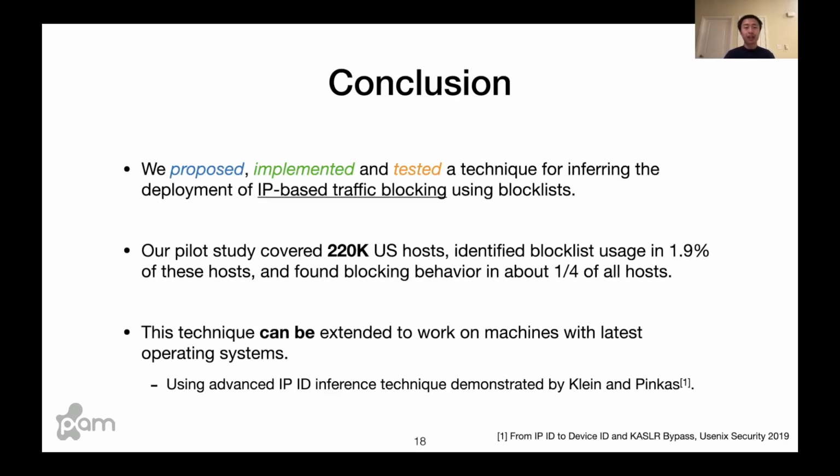Although this technique only works on certain hosts, it can be extended to work on a broader set of machines with the latest operating systems, using the advanced IPID inference technique demonstrated by a recent USENIX Security paper. Future studies should continue looking at this problem and get a clear picture of blocklist usage on the internet. Thank you very much.